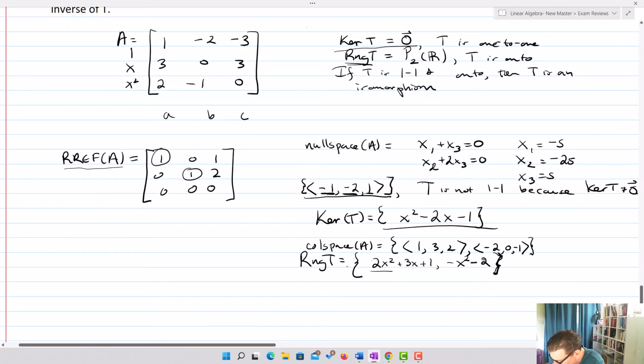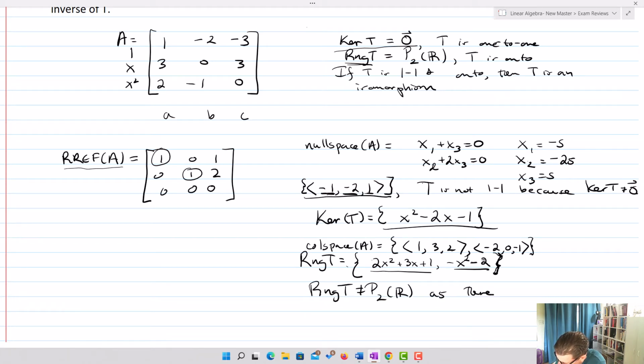And notice that there are only 2 vectors there from P2R. So what we notice here is the range of T does not equal P2R, as there are only 2 vectors in the range of T. You need 3 of them for P2R.